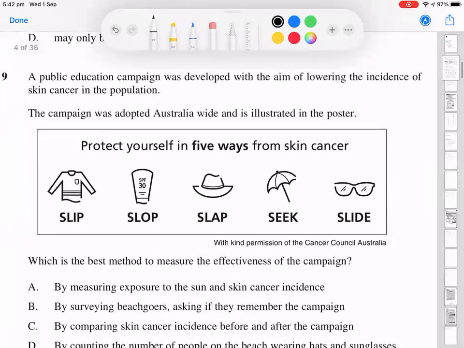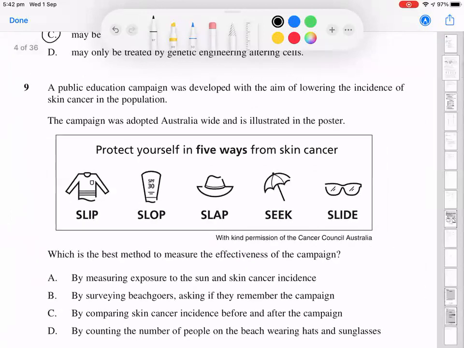So for question 9, we've got an epidemiology study looking at the effectiveness of public education for slip, slop, slap, seek, and slide. Okay, option C is going to be correct. And the reason for that is before and after.